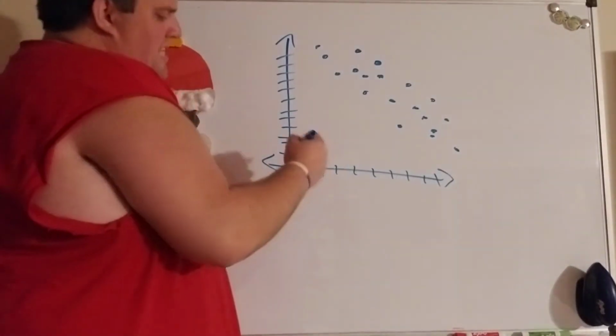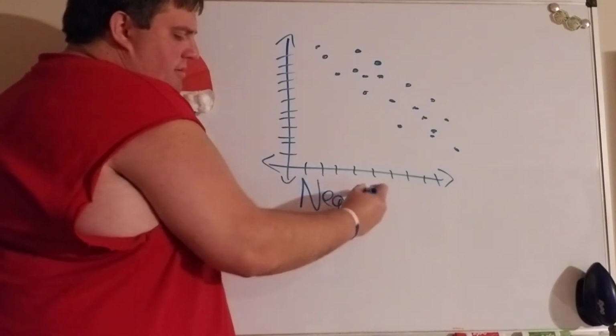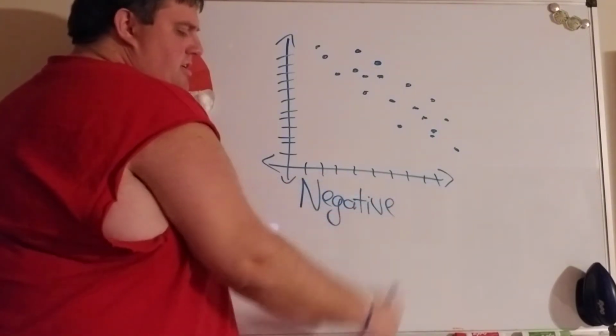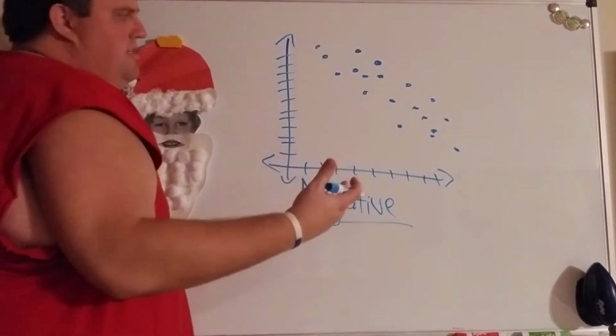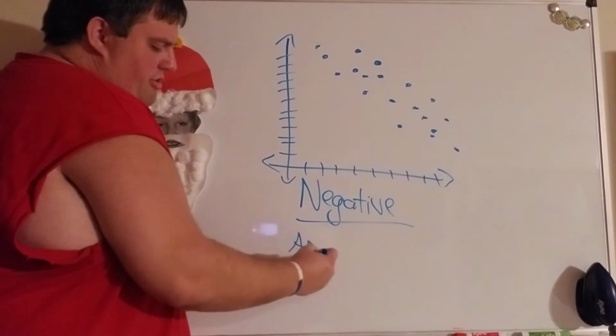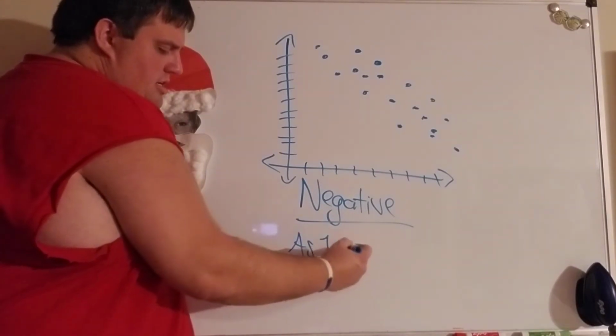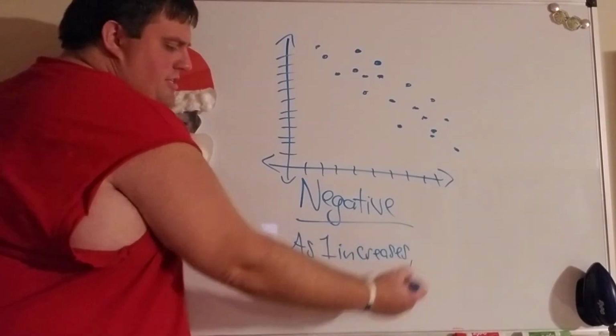This one right here is a negative relationship or a negative association. A negative relationship is symbolized as one increases, the other decreases.